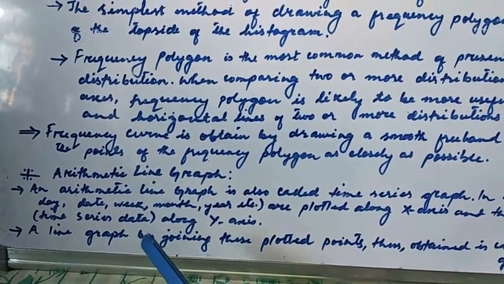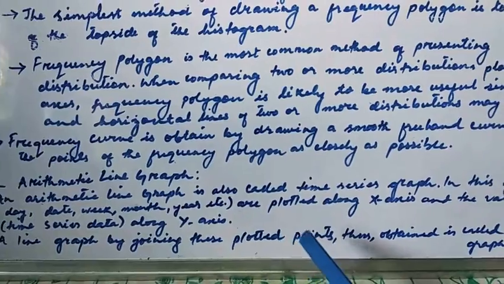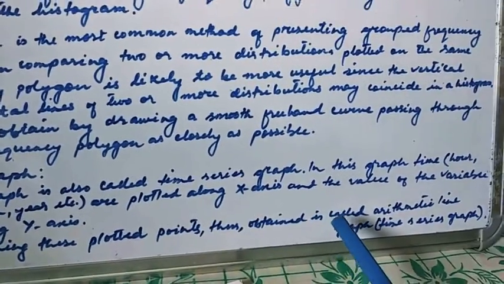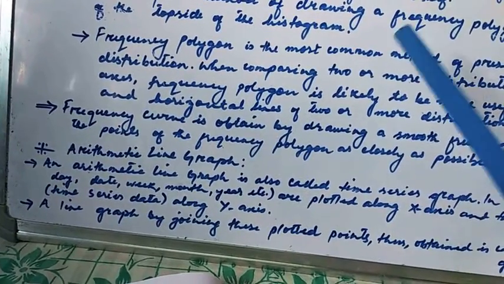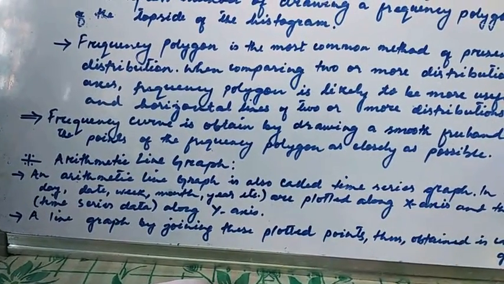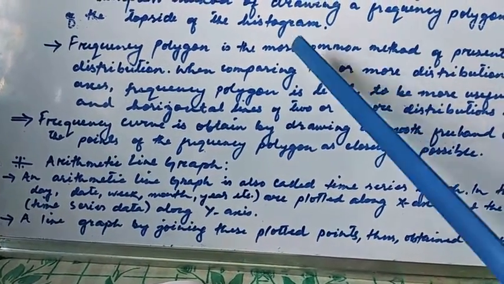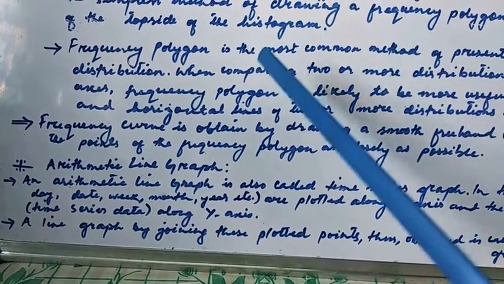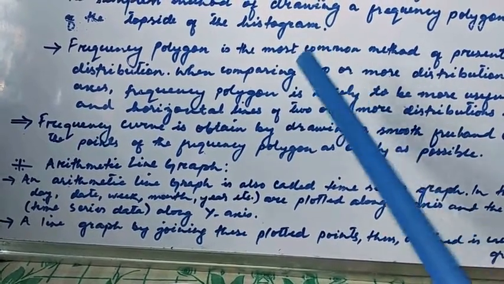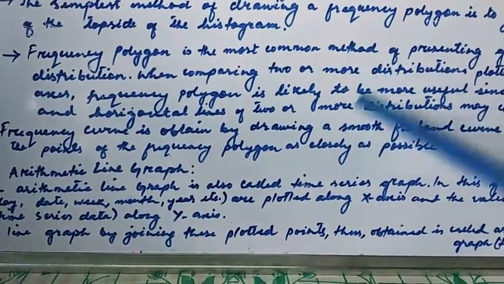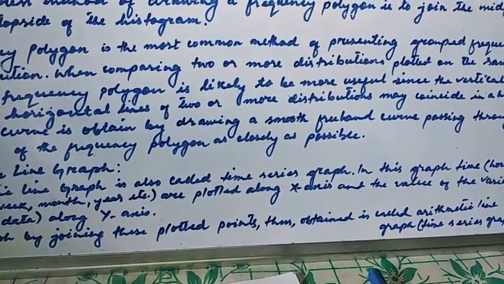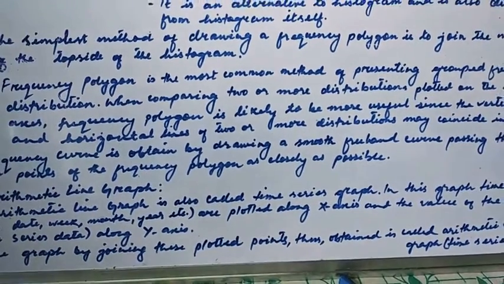A line graph obtained by joining these plotted points is called an arithmetic line graph or time series graph.